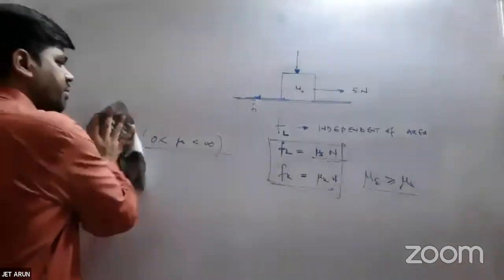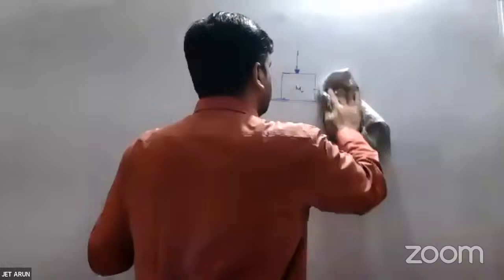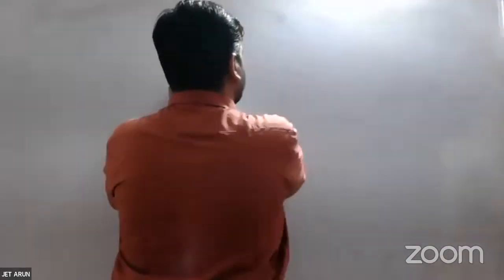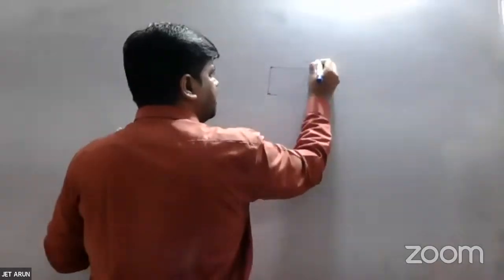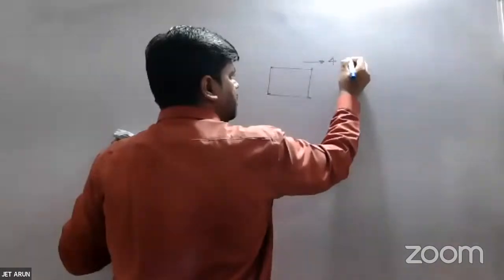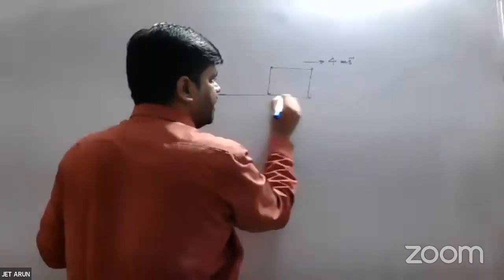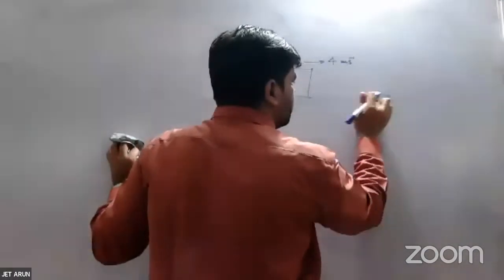All right, now let's talk of kinetic friction. Let's say this particle is moving with 4 meters per second, and there is a surface, a plank, which is not moving.